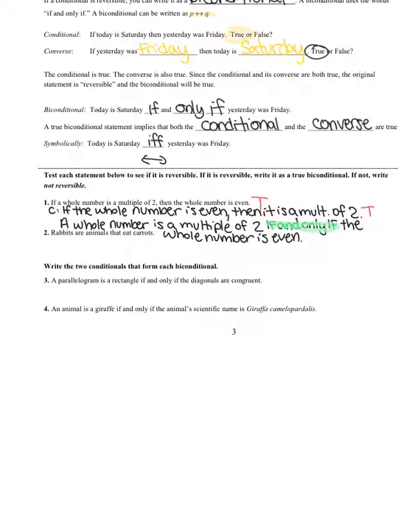Number 2 says, rabbits are animals that eat carrots. The original one, the conditional in if-then form, would be, if an animal is a rabbit, then it eats carrots, right? So actually, let me go ahead and write it as an if-then statement first.